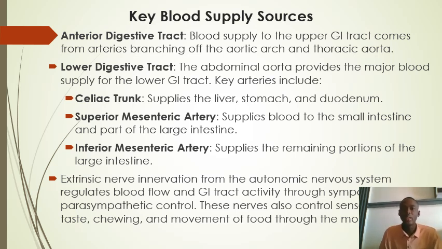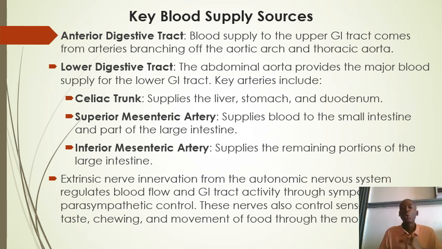Then we have the lower digestive tract, which starts from the esophagus down. For the anterior digestive tract, blood supply to the upper GI tract comes from arteries branching off from the aortic arch and thoracic aorta.